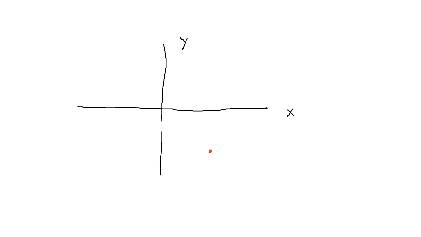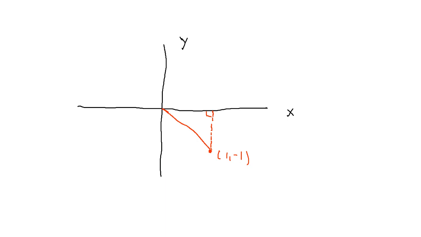And 1, negative 1 we know is there. And we can construct a right triangle.